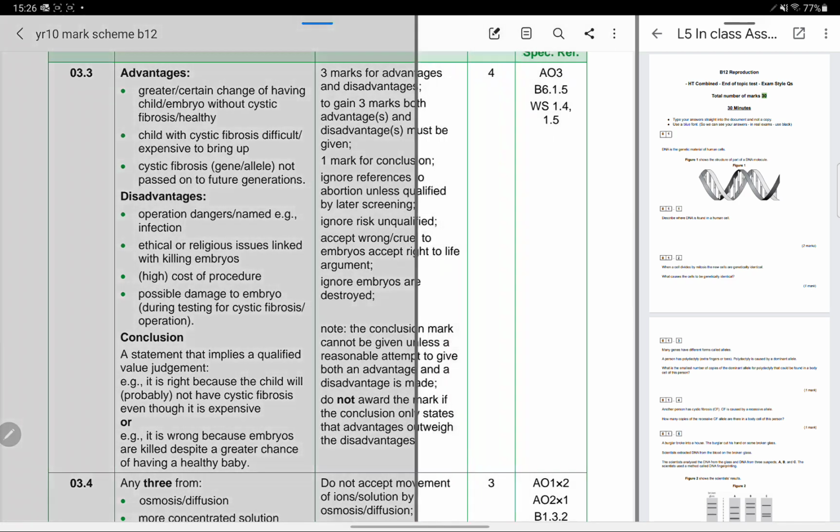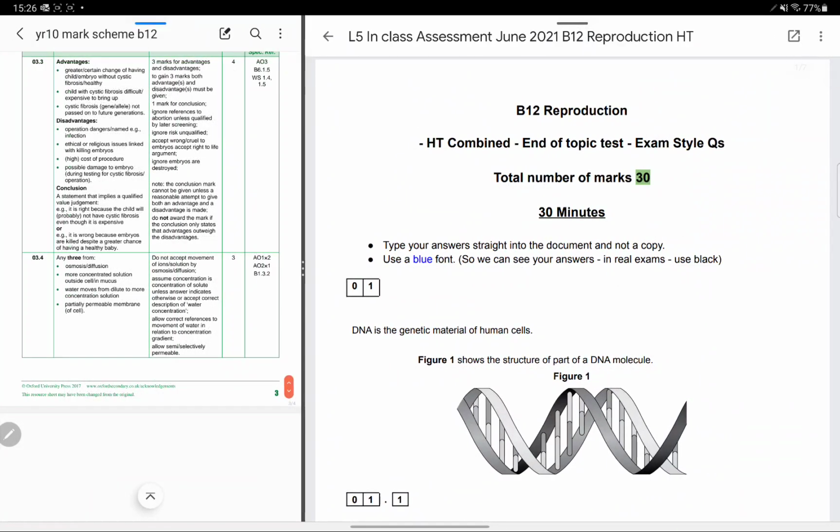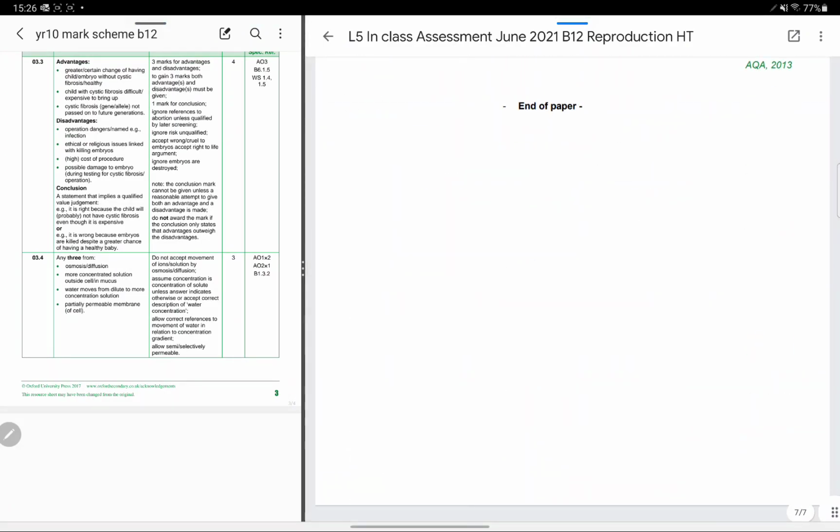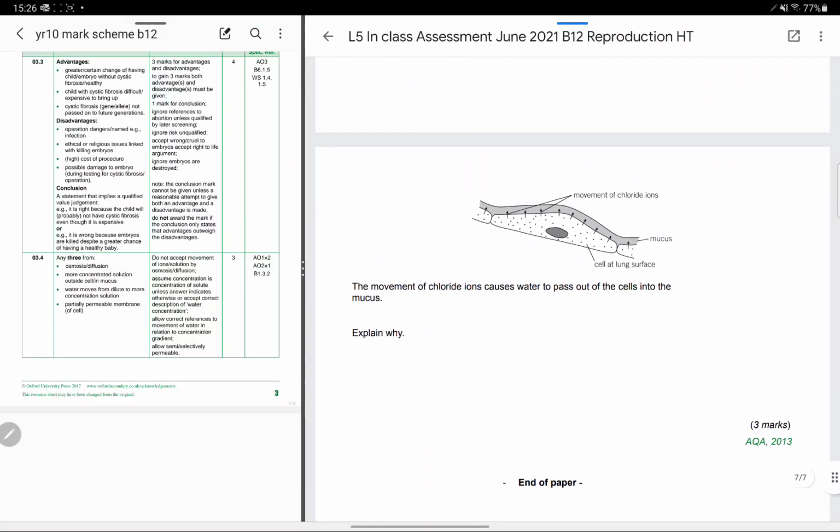And the last question, guys, is this very, very tricky question, which is thrown in, like a grade 9 question. And this basically is about osmosis.